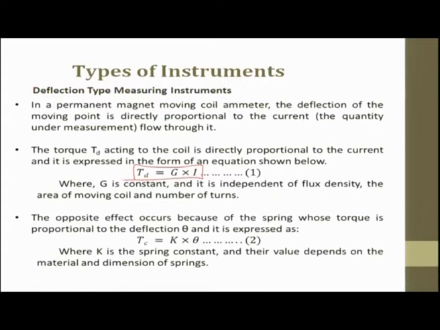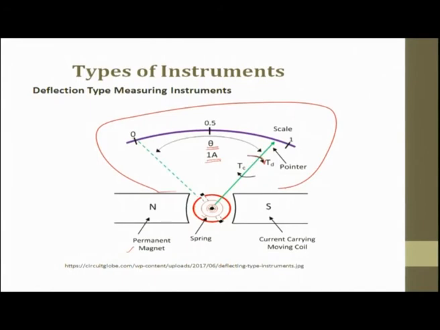What is G? G is a constant and it is independent of the flux density, the area of the moving coil and the number of turns. So, here if you see, the number of turns will be there.